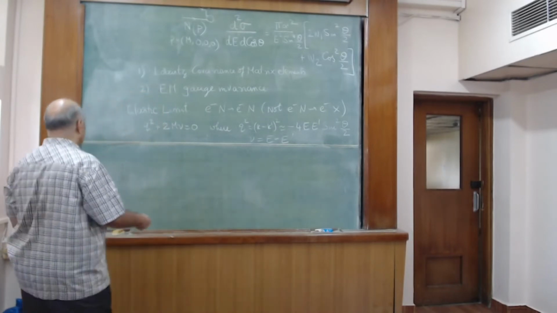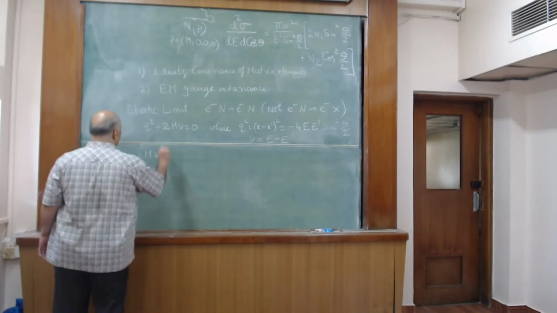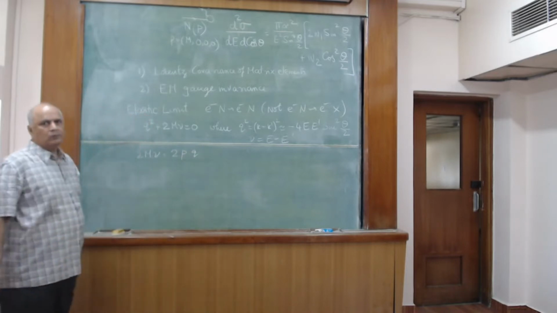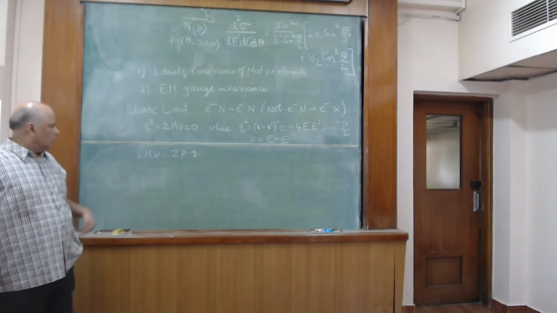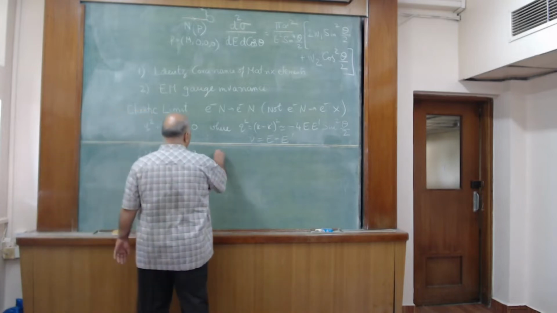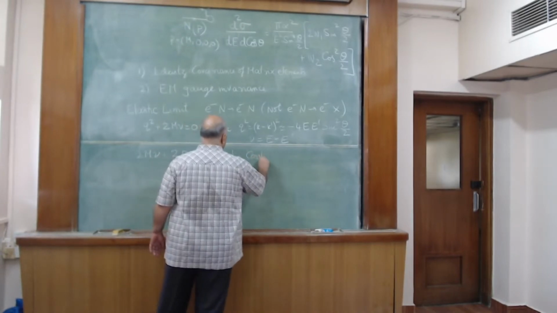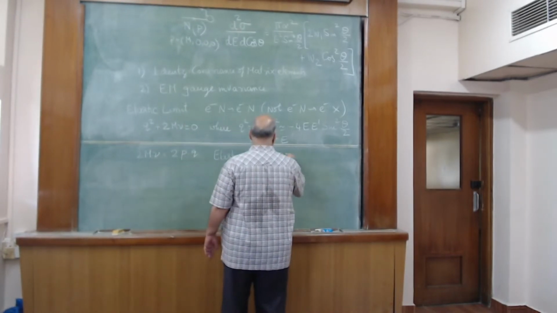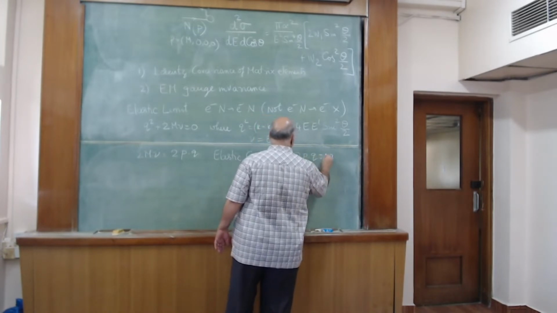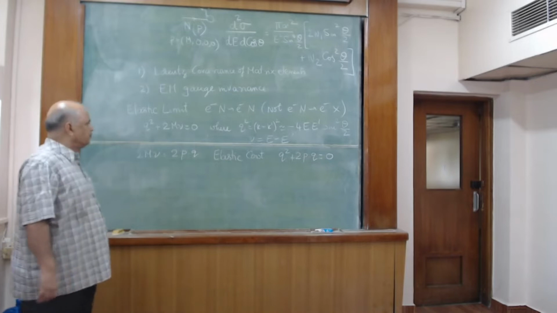By the way, we can also write 2m nu as 2p dot q. So the elastic constraint is q squared plus 2 p dot q is equal to 0.